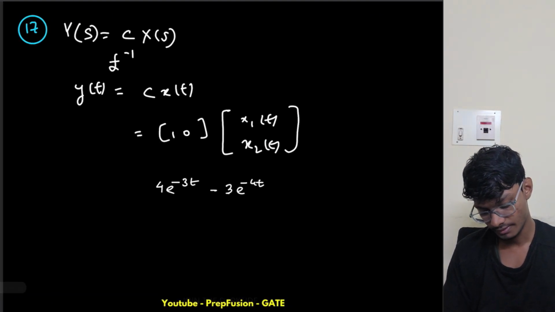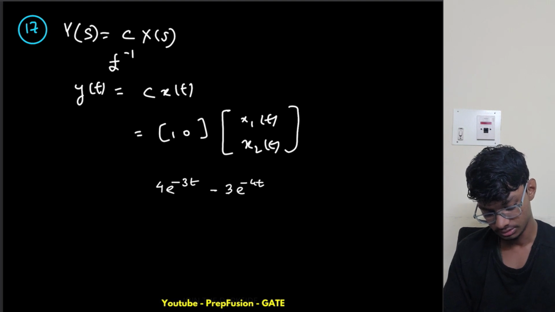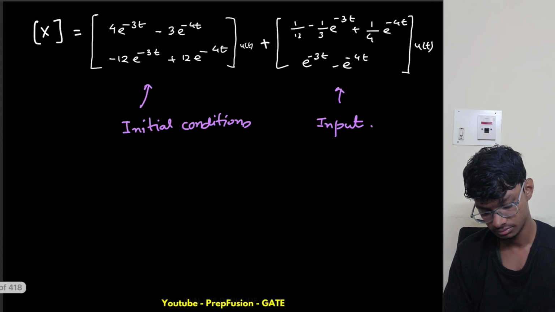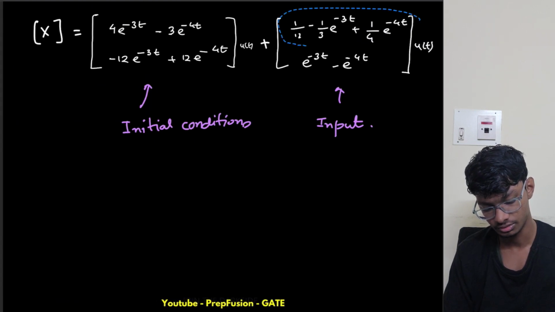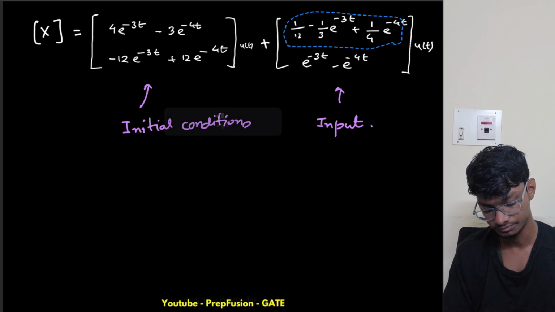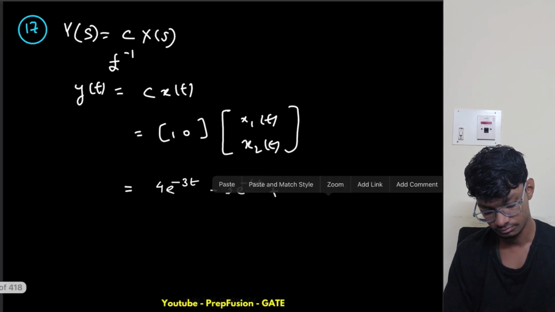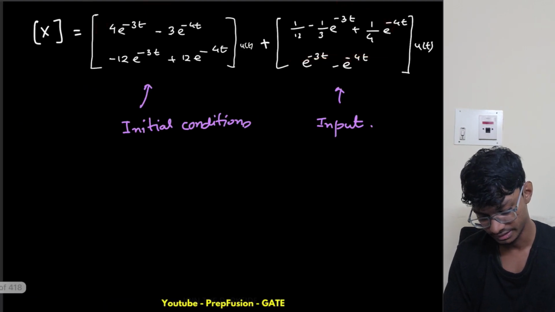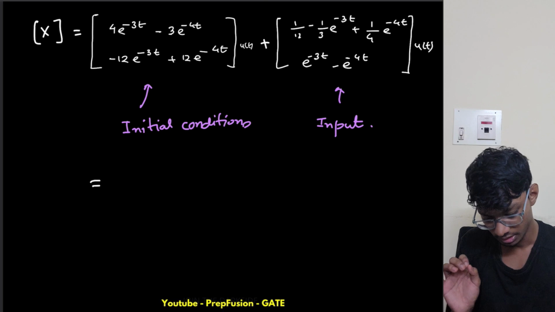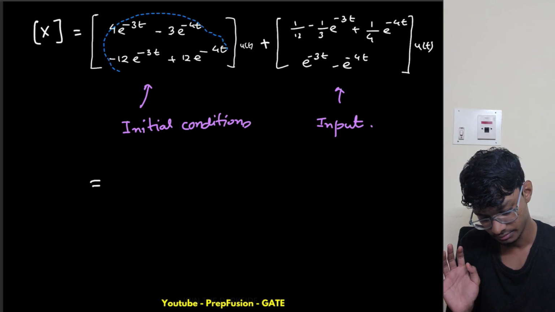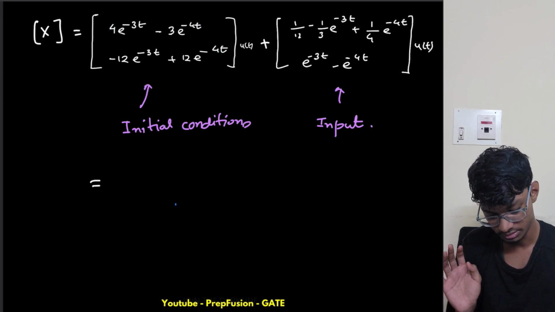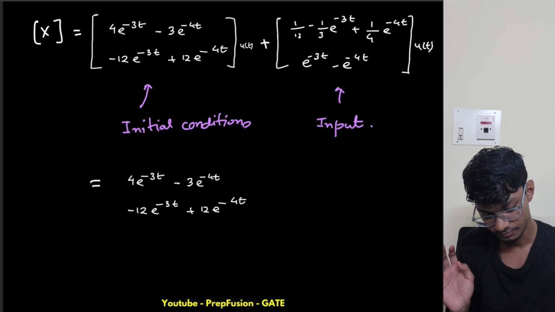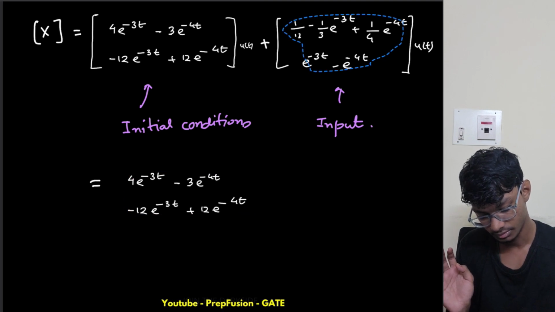So this is this one, and I have to add this row, this one. The first row only. So my first row will be my output. I hope you are understanding that we're just adding these two. Let me write here also, else you will get confused. I will write all this in single matrix format. There you will understand. So this is this one, and this is this one.